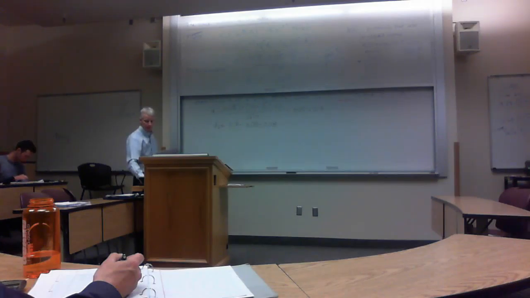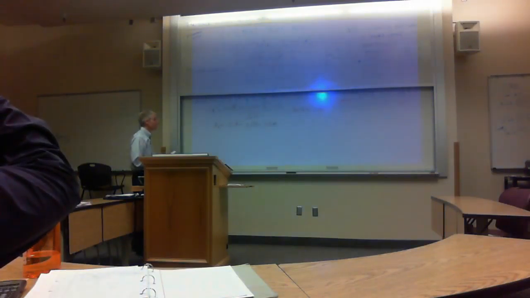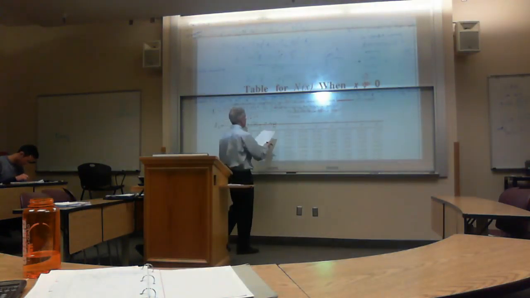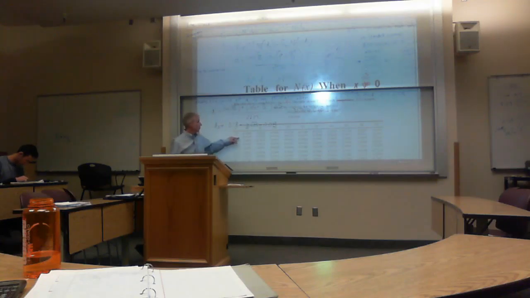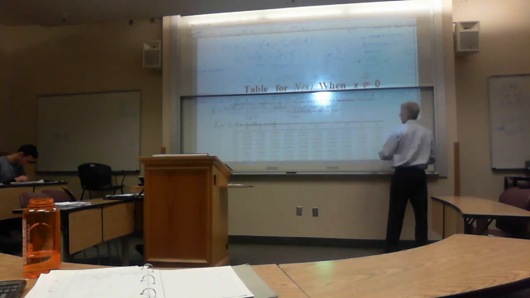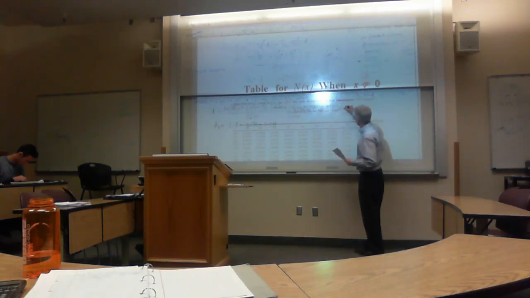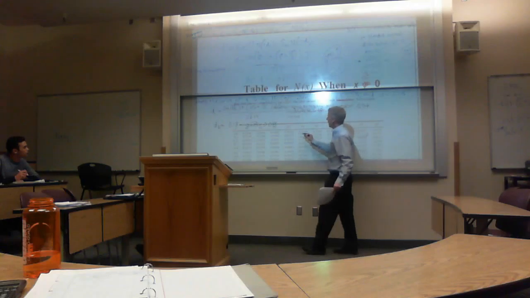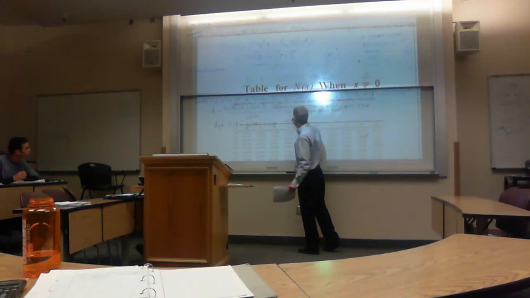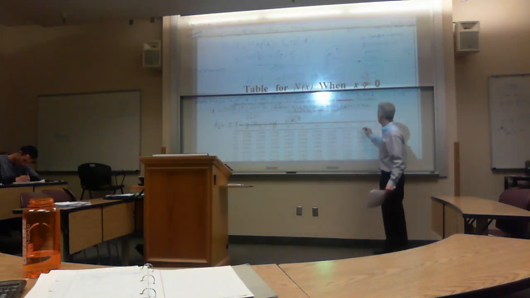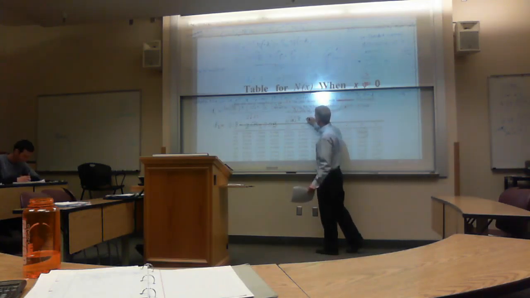Going back to our table, D1 is 0.18, so we go 0.1 and over to 0.08, that's 0.18. So N of D1, 0.18, equals 0.5714. And so N of D2, 0.08, equals this one right here, 0.5319.